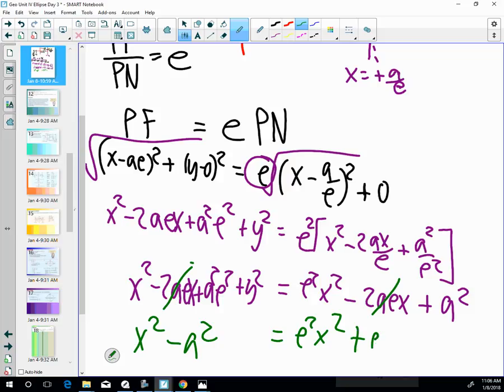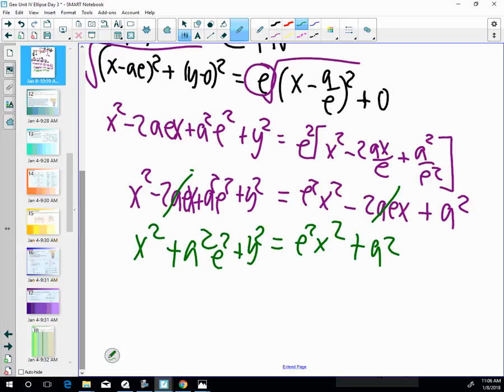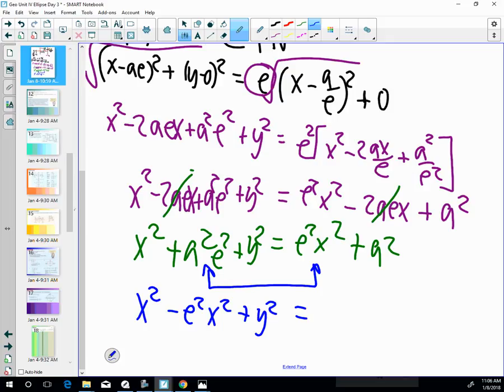Yeah, plus A squared equals X squared plus A squared E squared plus Y squared. Then, we're going to run out of time here. Then I'm going to swap these two because I want to make sure that we have A squareds together and X squareds together. Minus E squared X squared equals A squared minus A squared E squared.